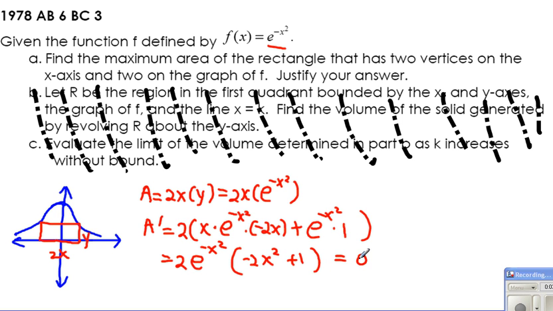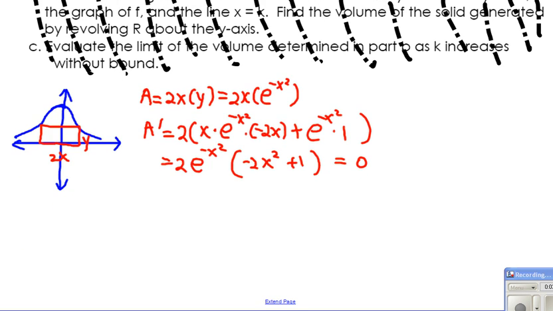Now, by setting this equal to 0, we realize that e to the negative x squared could never be equal to 0. So the only thing is that this portion has to be equal to 0. Negative 2x squared plus 1 equals 0. That means 1 equals 2 times x squared, so x squared is equal to 1 over 2.